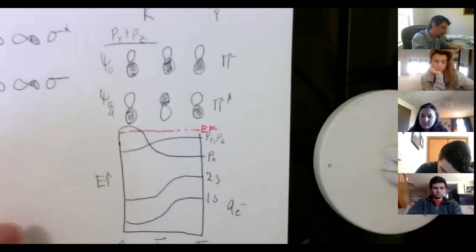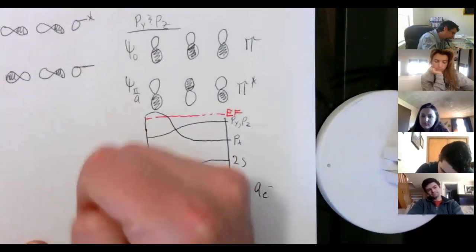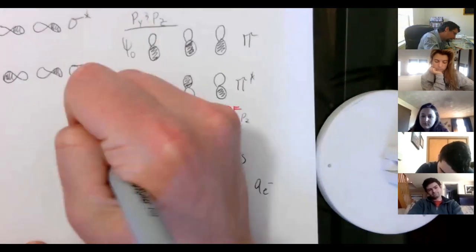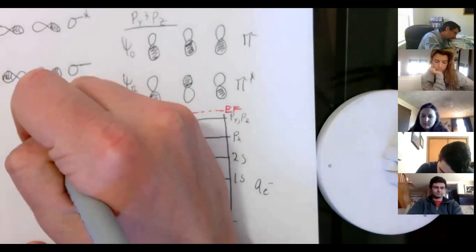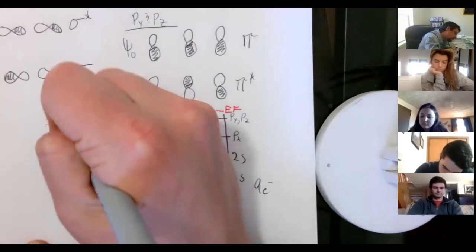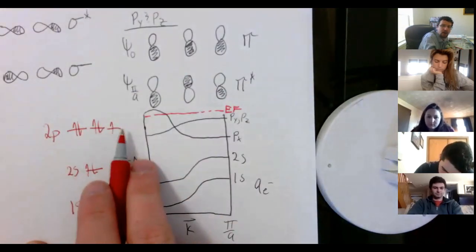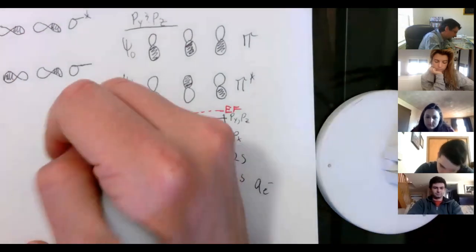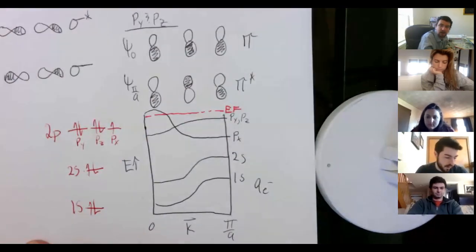So just like we had with our molecular system, where this is our 1s, 2s, and then the 2 p's. Each of these, we'll say this one's the py, this one's the pz, and this one's the px.